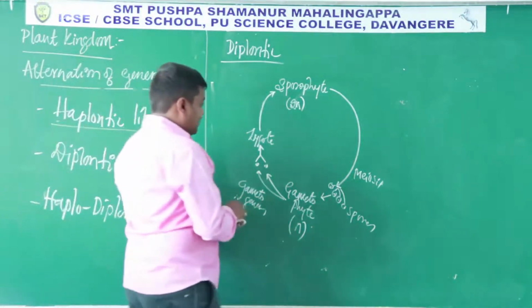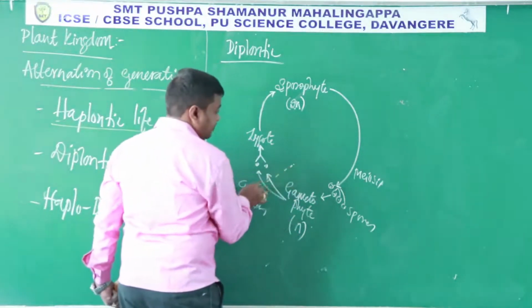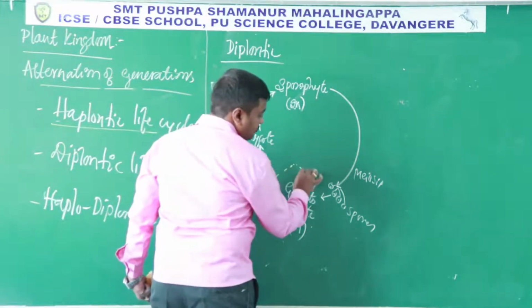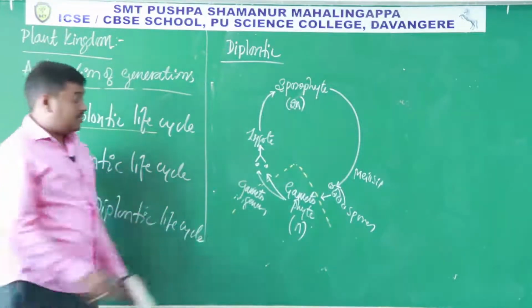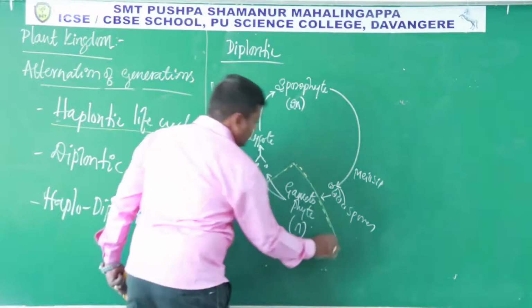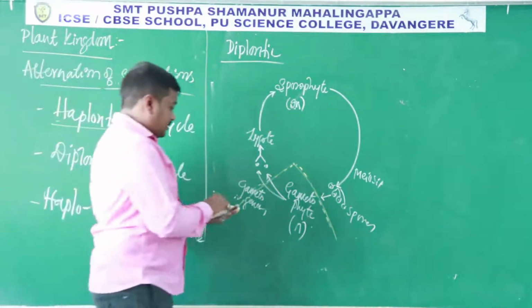So here this haploid stage is represented by only this much. So gametophyte is short lived. Okay.